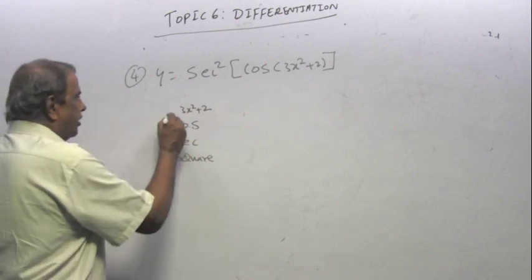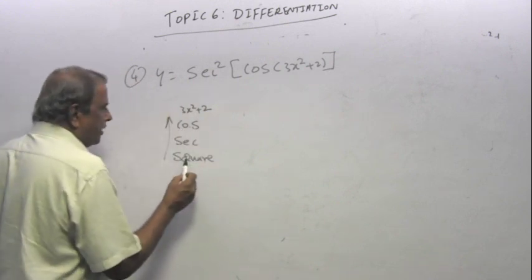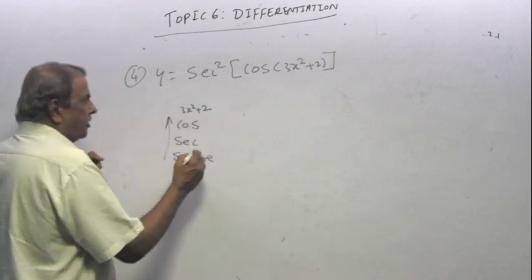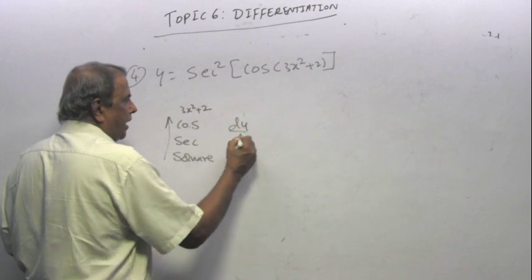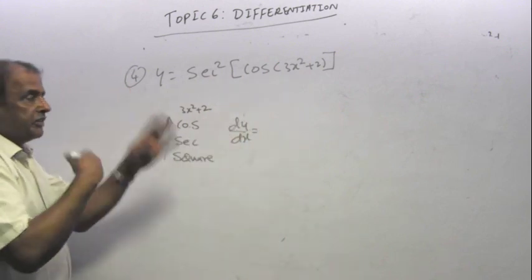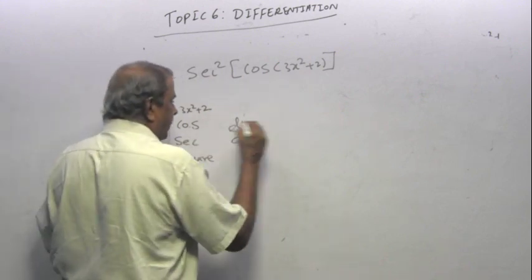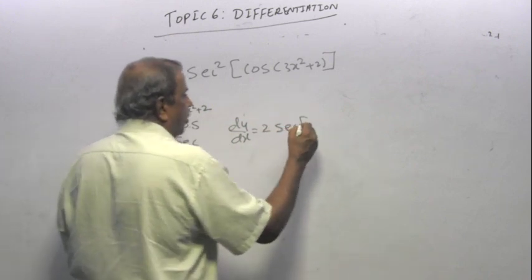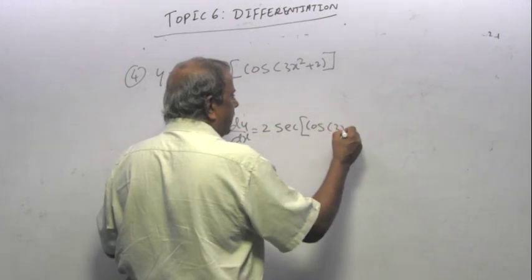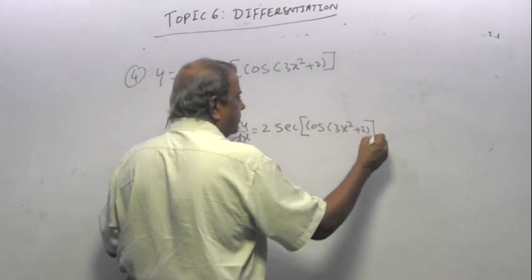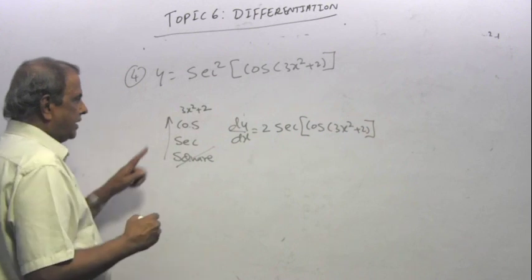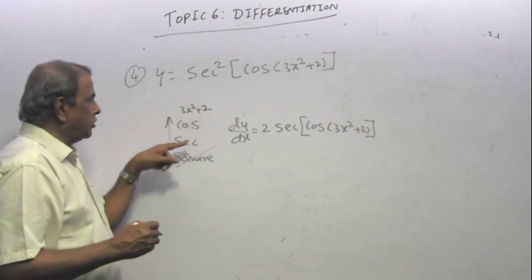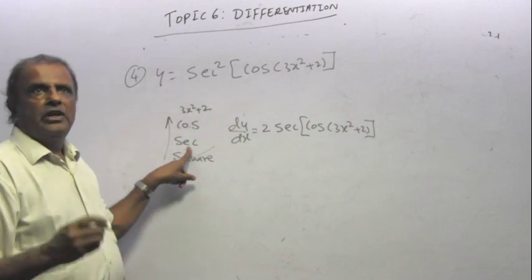Now, go in the reverse order. When I am doing the square, the sec, the cos and the 3x squared plus 2 remain the same. What does a square give you? A square gives you 2 times the same thing. So sec squared gives you 2 times sec of cos of 3x squared plus 2. I have done the square. Now I have to differentiate the sec. When I am doing the sec, the cos and 3x squared plus 2 don't change. What does sec x give you? Sec x tan x.